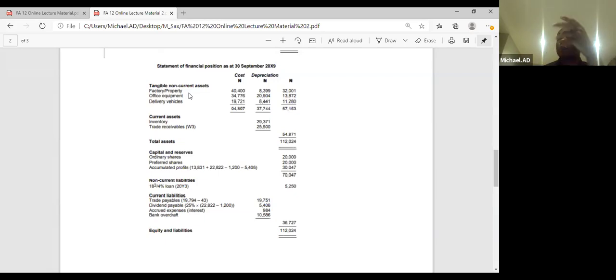Back to the assets, we have two types of assets. We have the non-current assets and we have the current assets. Here, they just said we have tangible non-current assets. So even as long as it is non-current assets, we have the tangible and the intangible non-current assets. I remember in our incomplete record when I was talking about goodwill as an example of an intangible non-current asset.